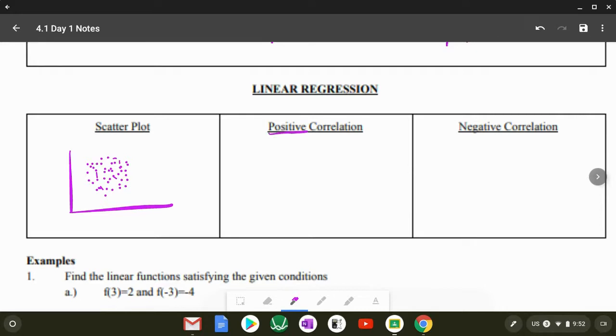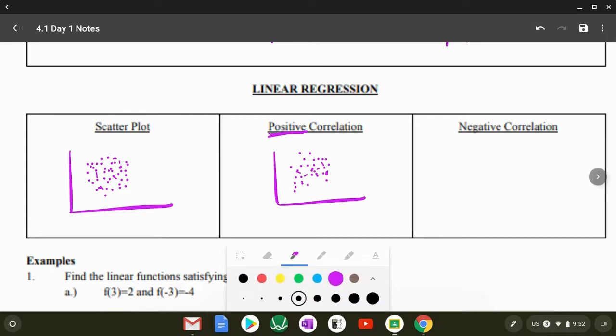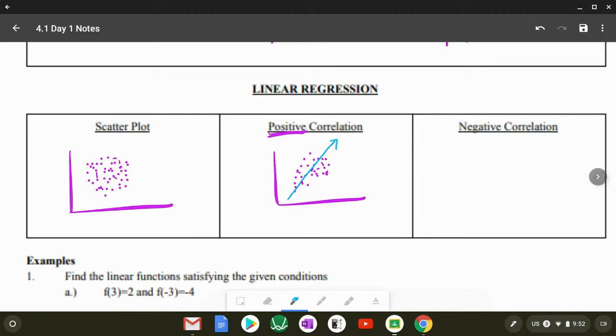So a positive correlation would mean that these data points, if you were to draw a straight line through the average amount, we should take away these end ones because those are extremes. If I drew a straight line cutting the amount in half, you would notice that it has a positive correlation. Over time, whatever the y value is, the y-axis represents, it is increasing. It has a positive correlation.